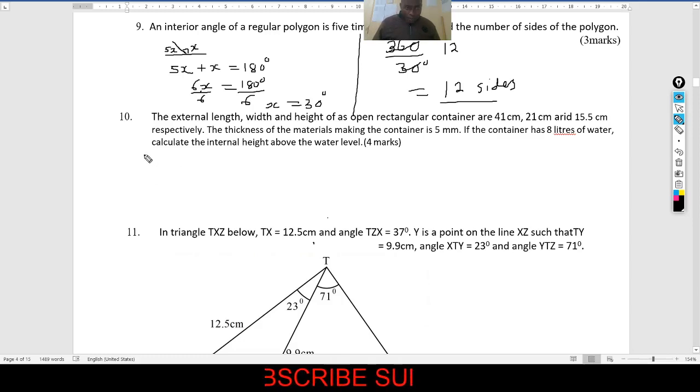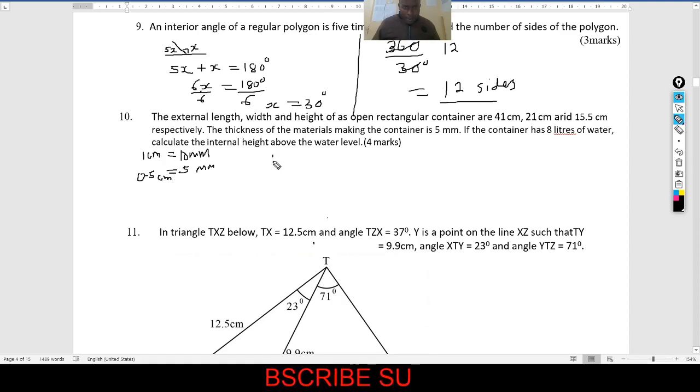What you need to note is that because we are dealing with centimeters and millimeters, 1 centimeter equals 10 millimeters. Now we are talking about 5 millimeters. 5 divided by 10 is 0.5 centimeters.